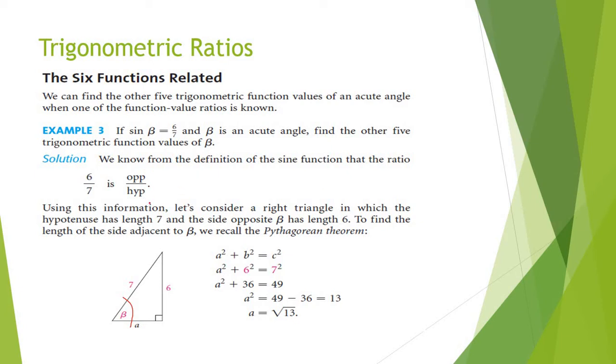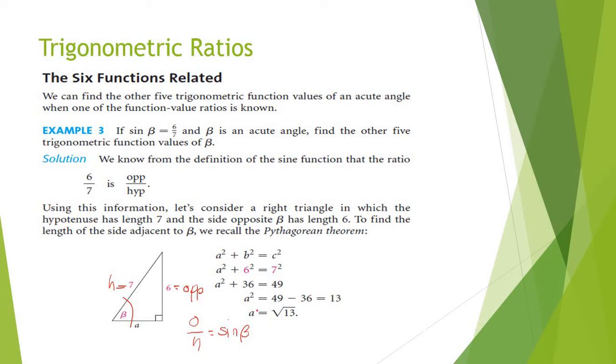So first, beta, your angle is here, and 6 is the opposite of your beta, and of course 7 is the hypotenuse. So first we have to identify this one: opposite over hypotenuse. That will fall as sine beta. Sine beta is equal to opposite over hypotenuse.